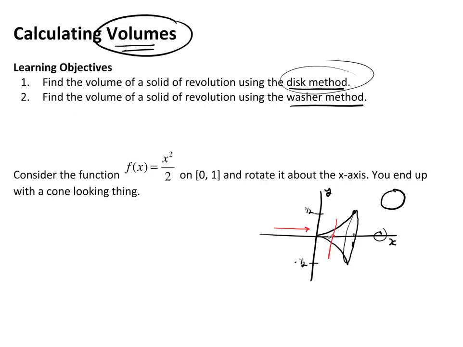And as I move this slice along the x-axis, the radius of this circle is going to be very small here, and it's going to be bigger here. So the size of this disk is constantly changing, from very small up to big. And the radius of this disk is actually going to be equal to this function, which was x squared over 2.